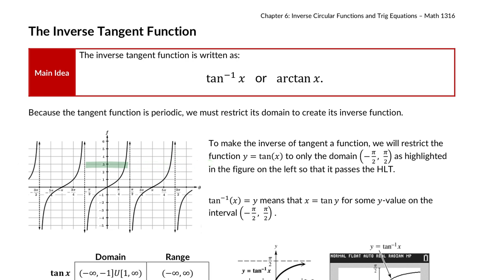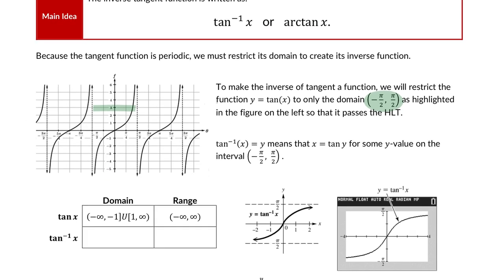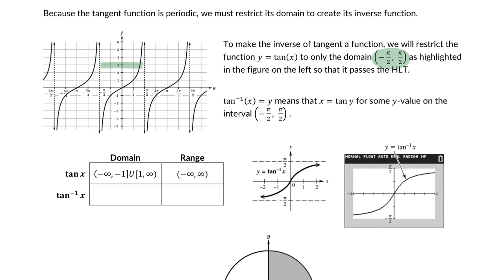Great, so that means we're restricting this domain between -pi over 2 and pi over 2. When we did this for sine, these were brackets. Why are they now parentheses? Because of the asymptotes. We don't actually ever reach pi over 2 and -pi over 2 because of those vertical asymptotes, so we use the parentheses. But same thing as the other ones, the range is going to switch over here, which means our domain is from -infinity to infinity.